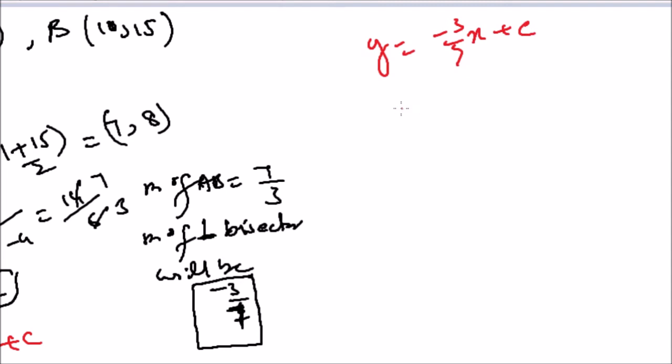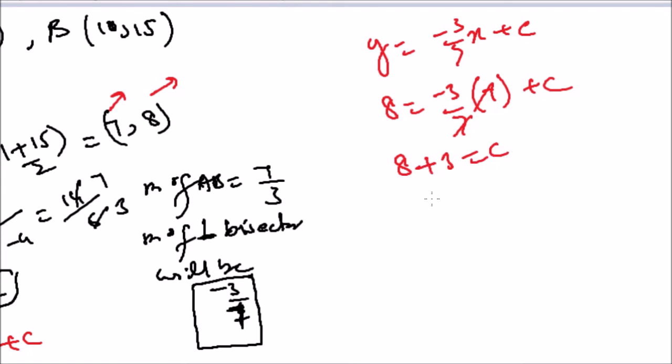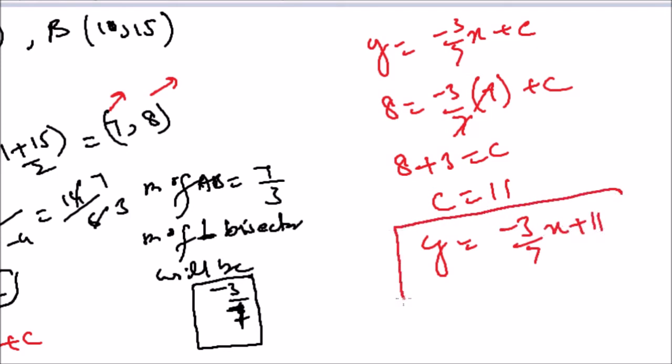Put in the midpoint: x value is 7 and y value is 8. So 8 is equal to -3/7 into 7 plus c. So 7 is gone with 7. 8 plus 3 is equal to c. So c is equal to 11. So y is equal to -3/7x plus 11 is the equation of the perpendicular bisector of line AB.